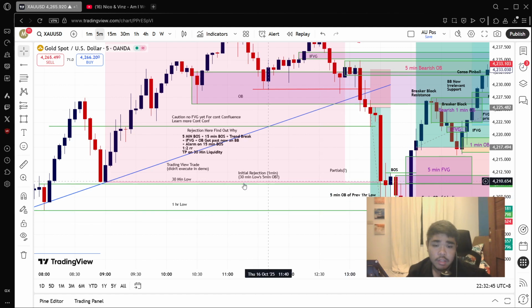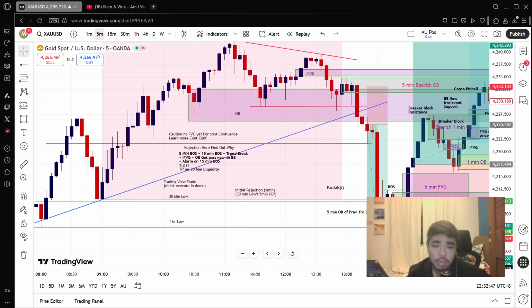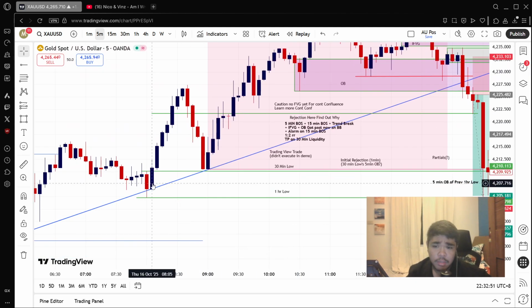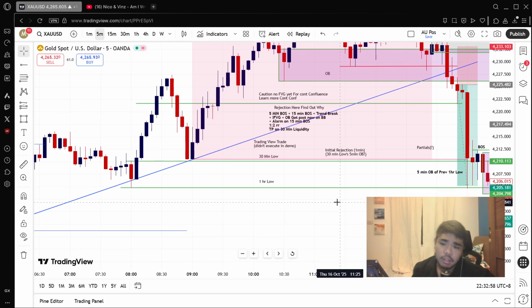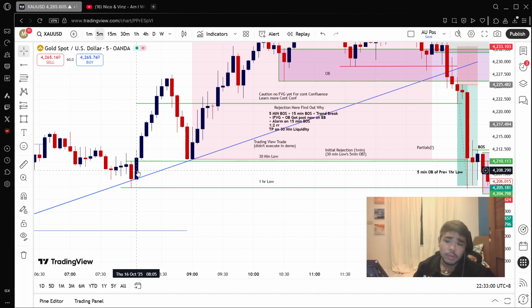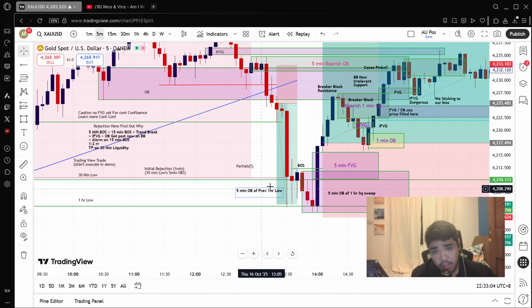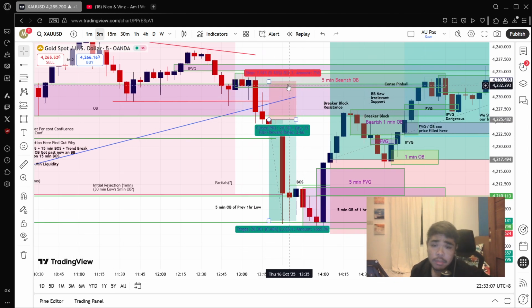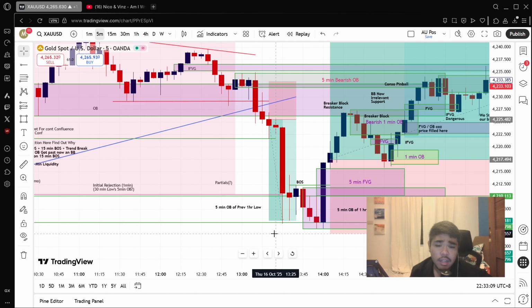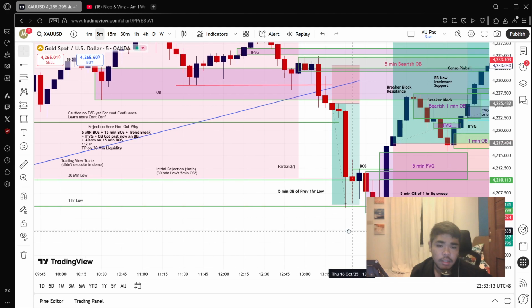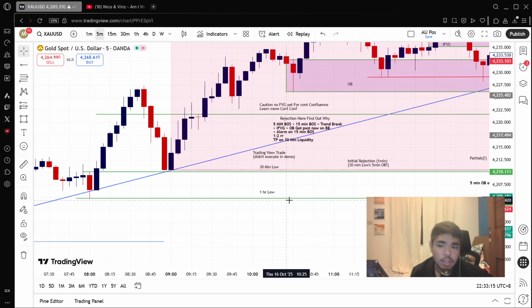Upon knowing that this 30-minute low is close to the 1 hour low, I set this up, and I also marked out this order block, which is the last downwards movement before the upwards movement, because this is a 5 minute order block from our 1 hour low. So I put my stop loss above this breaker block, and I put my take profit within that order block or around that 1 hour low.